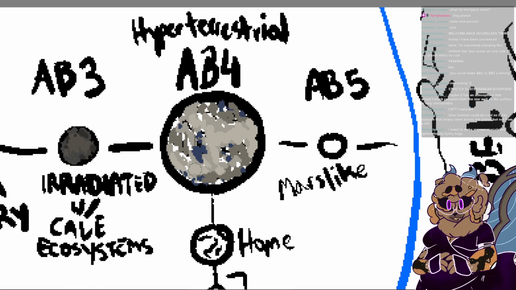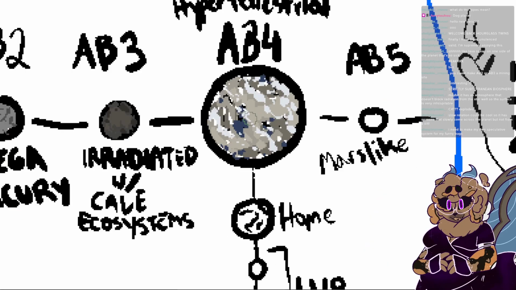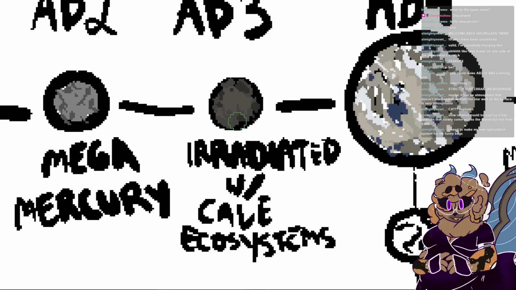No huge oceans, necessarily, but it is going to have liquid water on its surface, probably an unbreathable atmosphere, because it's a hyper-terrestrial planet, so if not the composition, then definitely the pressure. Let's just draw some pretty little clouds on there. Yeah, that looks pretty good for now. There's our hyper-terrestrial world for now.